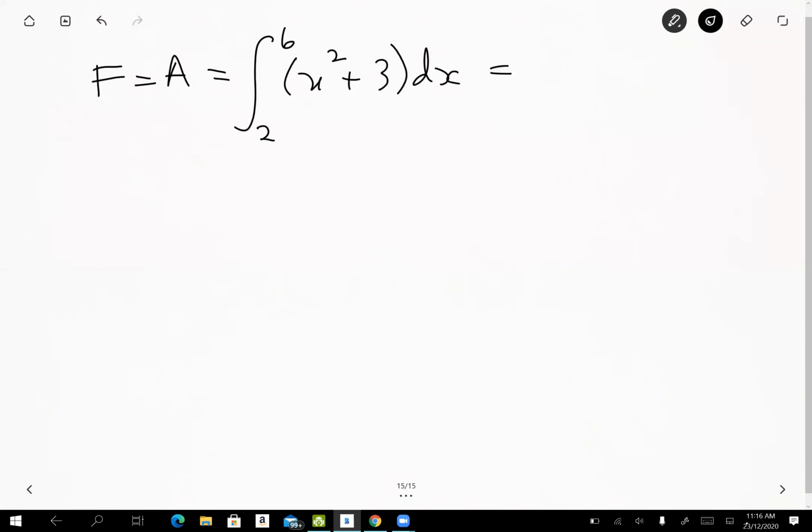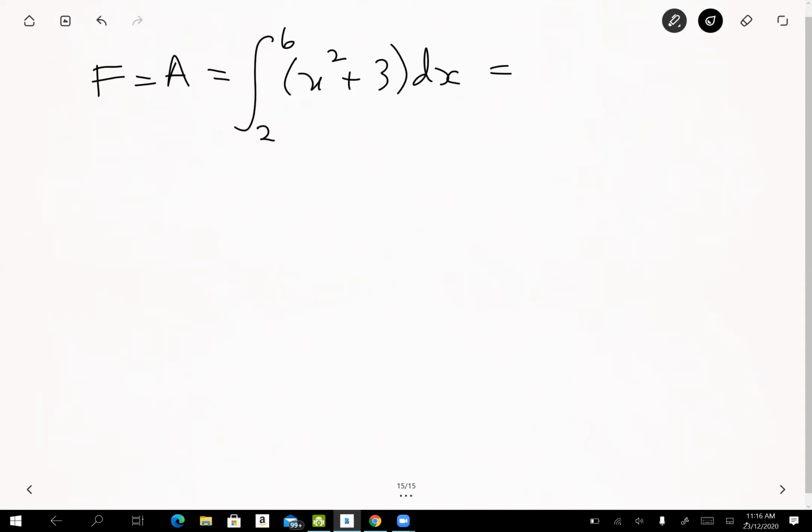So the integral, which you can call F, or you can call it A, equals the integral from 2 to 6 of x squared plus 3 dx. And we know how to do it. Yeah. So what is the integral? Just give me the integral of x squared plus 3.